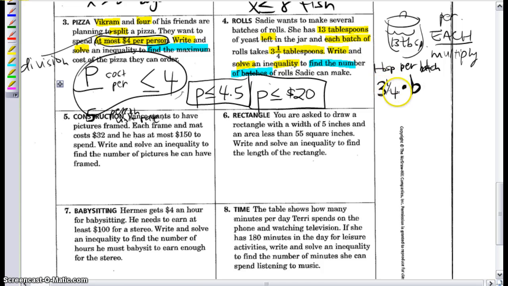So 3 1/4 tablespoon times the batches. Well, I only have 13 tablespoons in the jar, which means that I'm only allowed to use up to 13. So up to, or a maximum of 13, which means that this expression here has got to be less than or equal to 13, because I cannot go over that amount.